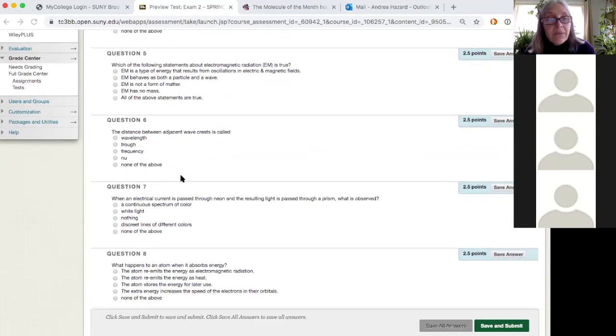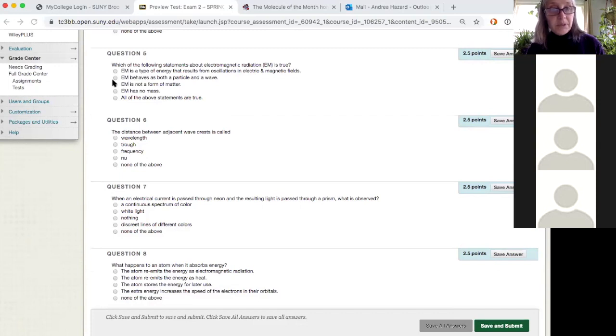Which of the following statements about electromagnetic radiation is true? I'll read them all and we'll see which one makes the most sense. EM is a type of energy that results from oscillations in electric and magnetic fields. That is true, but let's look at the next one. EM behaves as both a particle and a wave.